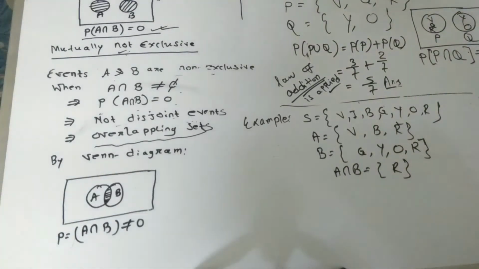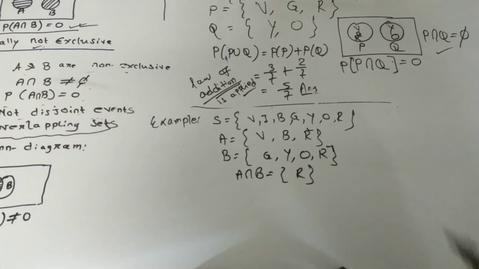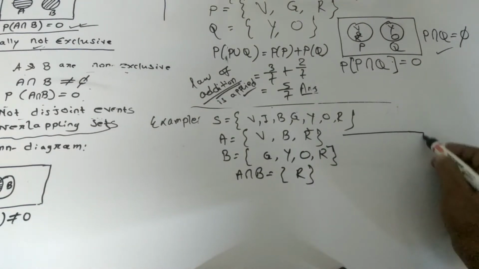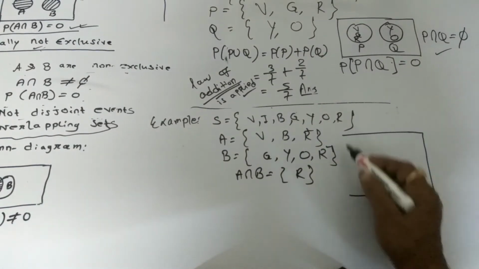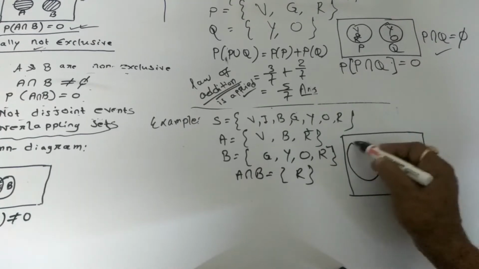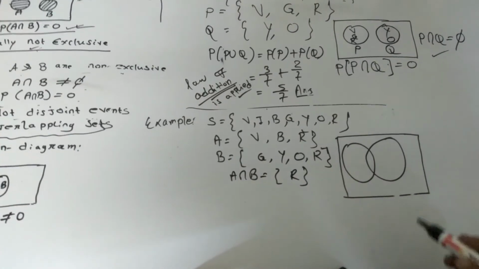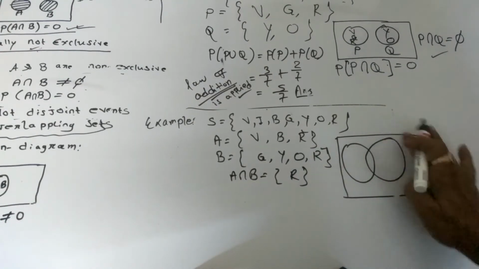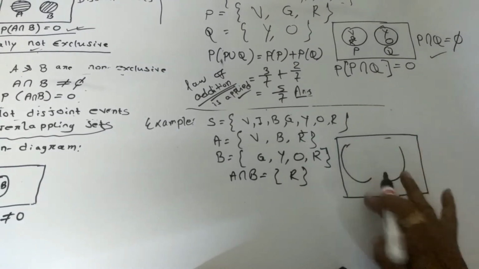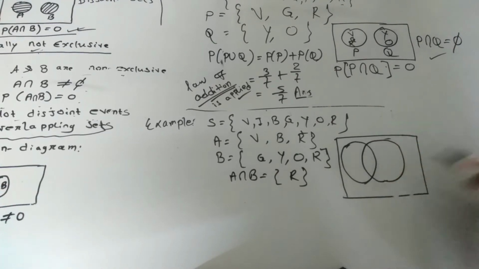Who understood? Therefore by Venn diagram, what do you see? Let us draw this.